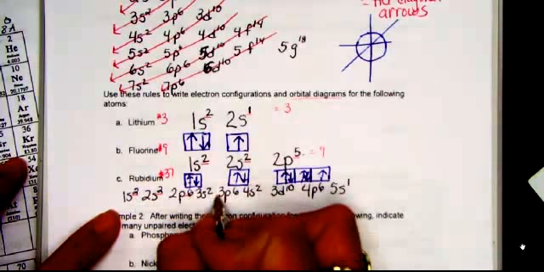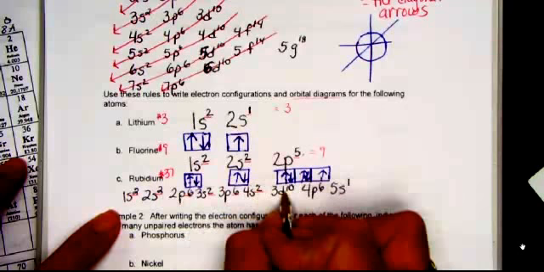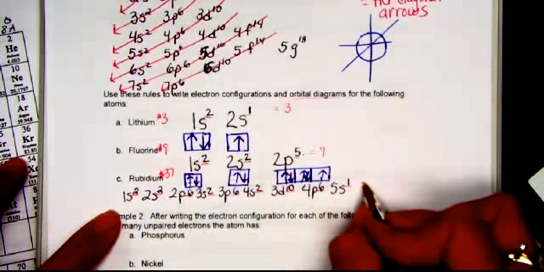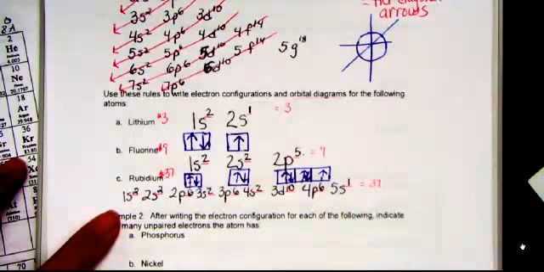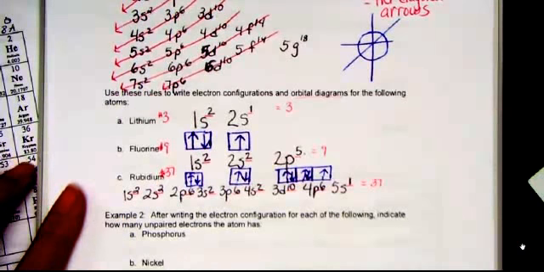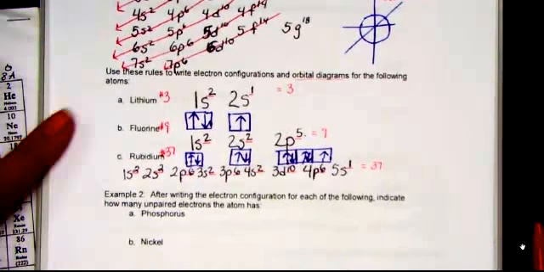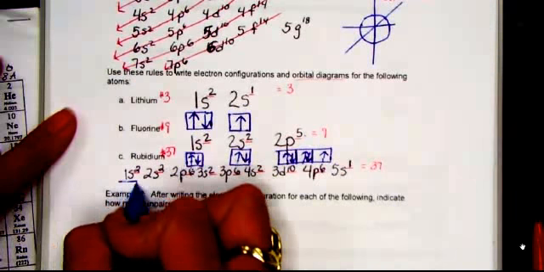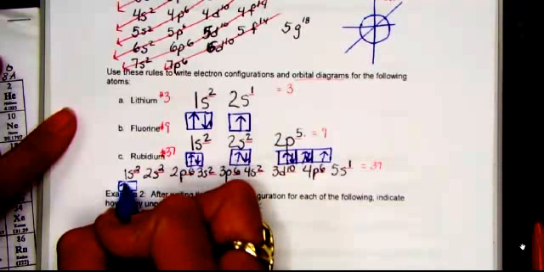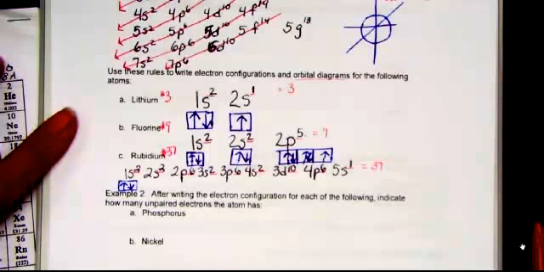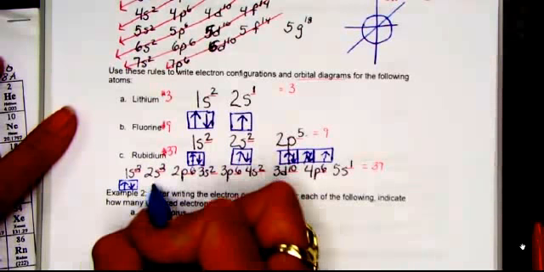If you add the superscripts that represent the number of electrons contained in each electron orbital, that gives us a total of 37 electrons. Let's also write the orbital diagram. The s spatial orientation in the first energy level can hold 2 electrons, one spinning up, one spinning down.